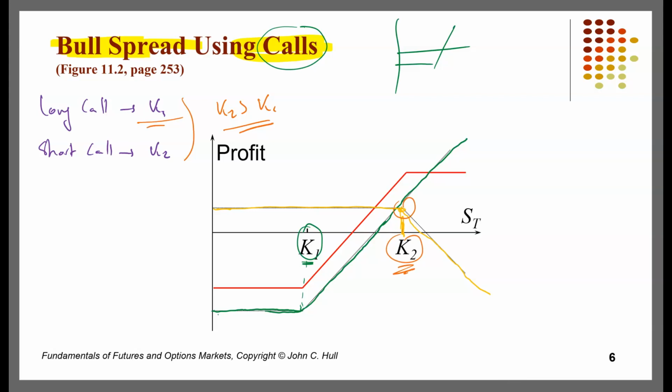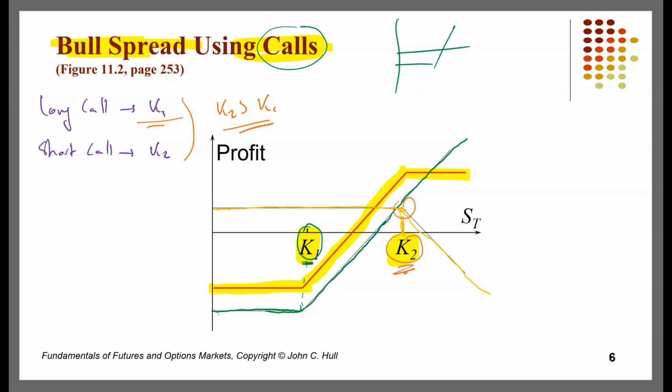Now the overall profile for this strategy is what we have here in the red line. That is a combination of both the long call with the lower strike price and the short call with the higher strike price. So what is the payoff of this strategy? The payoff depends on where the stock price ends up being.